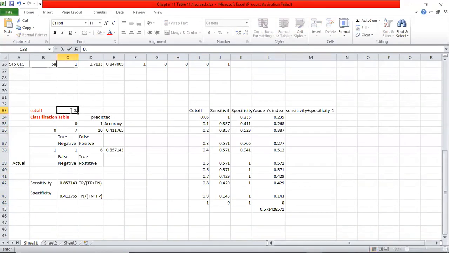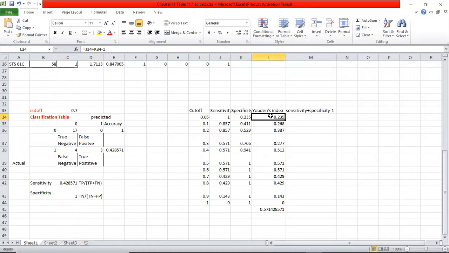If I give 0.7, I got 0.42 and 0.1, which I have updated here. I calculated Youden's index as J34 plus K34 minus 1, where J34 is my sensitivity and K34 is the specificity.